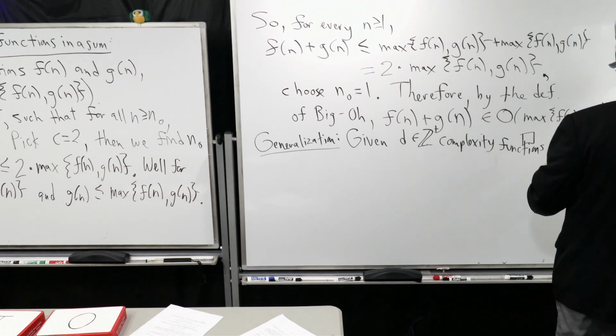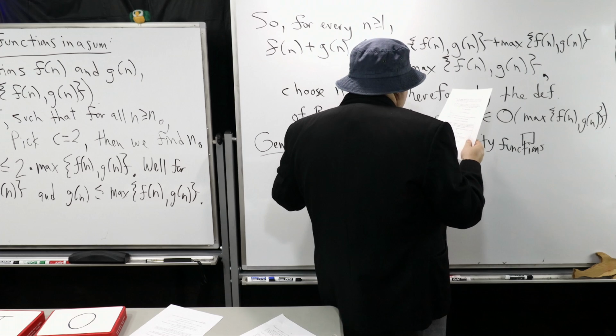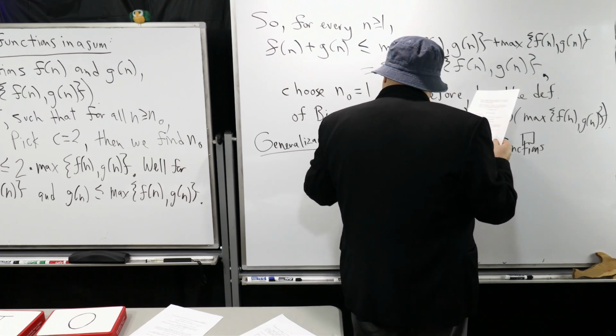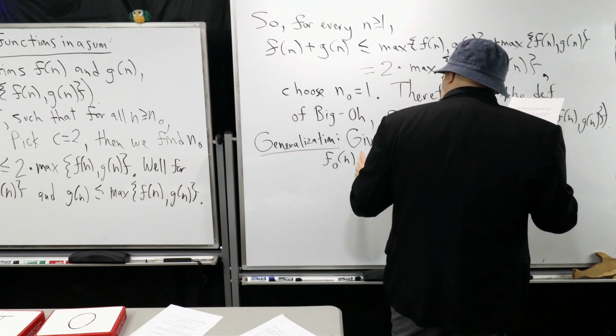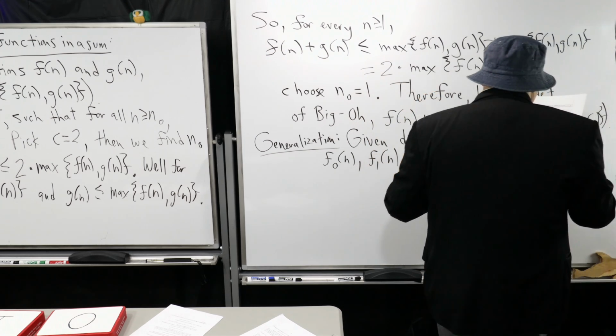So what I'm claiming is that if you have d of these, suppose I give them names, f0 of n, f1 of n. So keep in mind, I'm just writing this for you to understand what I'm writing.